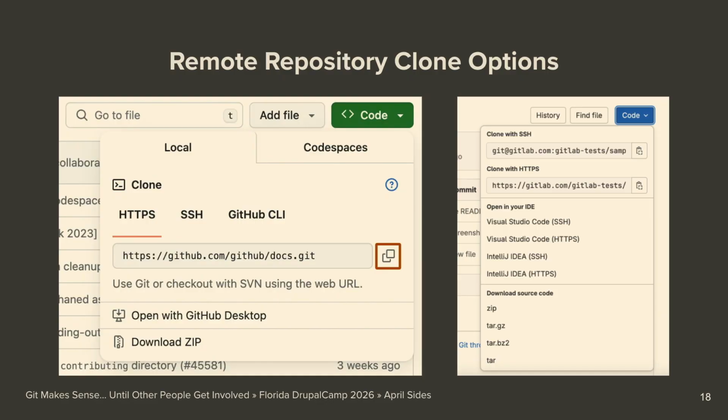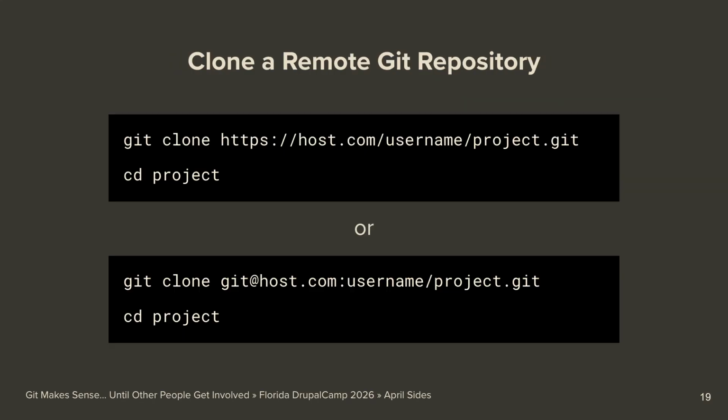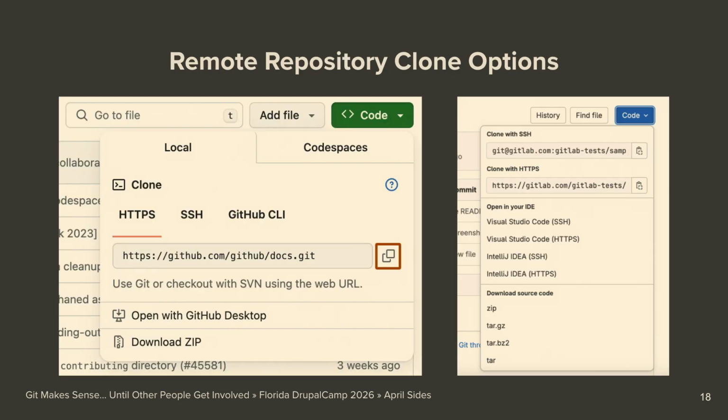So looking at remote repositories, let's say that you are starting with a project that's already on one of these repos. You can use the code button on, I think this one's GitHub, yep, and the other one's GitLab. And it gives you prompts on what to use to clone that repo and that code to your local machine. So you just do a git clone, and then whatever that thing is that you copied and pasted from some of these options here.